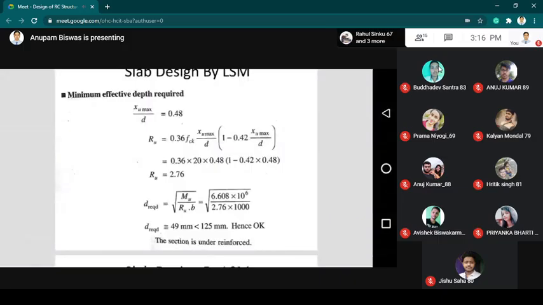If you multiply, you will get the value of Ru, and d required is root over of Mu by Ru b. All the values are known, and by equating, you will get the value of d required. While taking the value of Mu, we must take care about the unit.